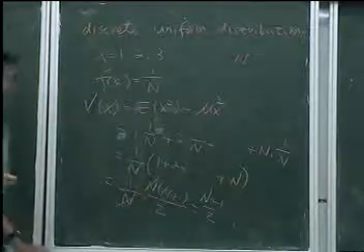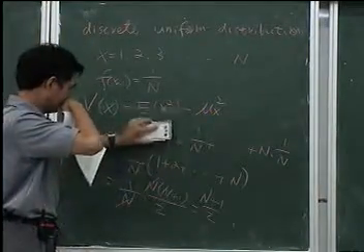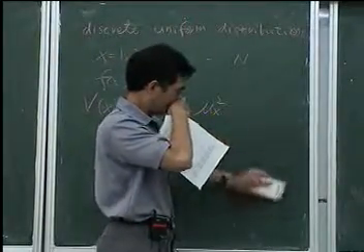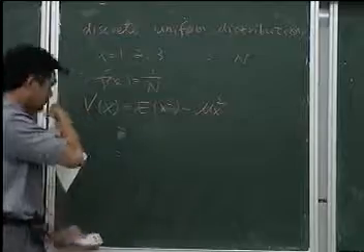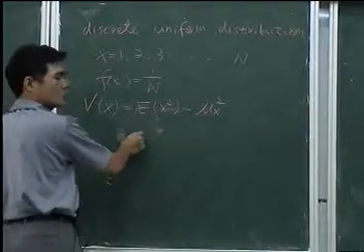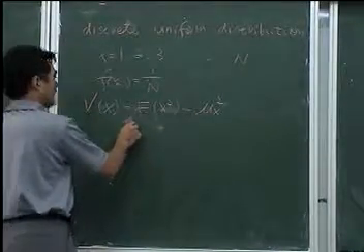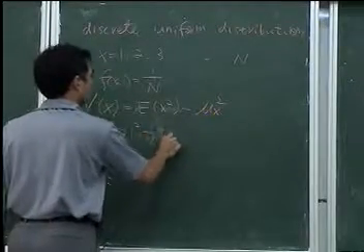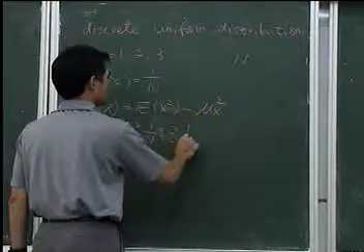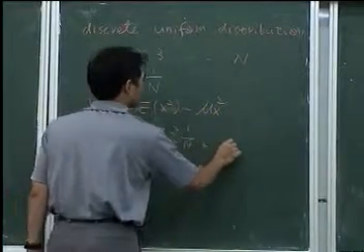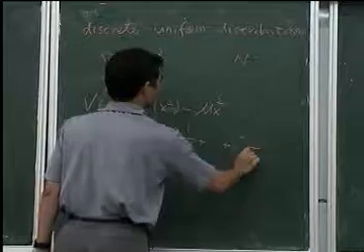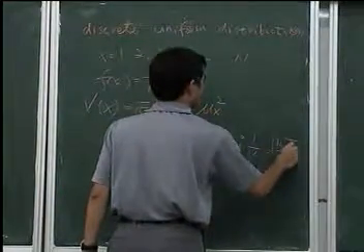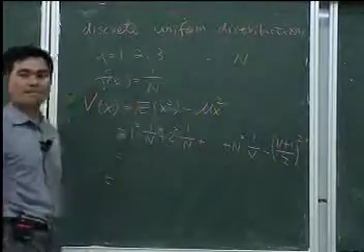So it is equal to 1 squared times 1 over n plus 2 squared times 1 over n plus n squared times 1 over n, minus n plus 1 over 2 squared.